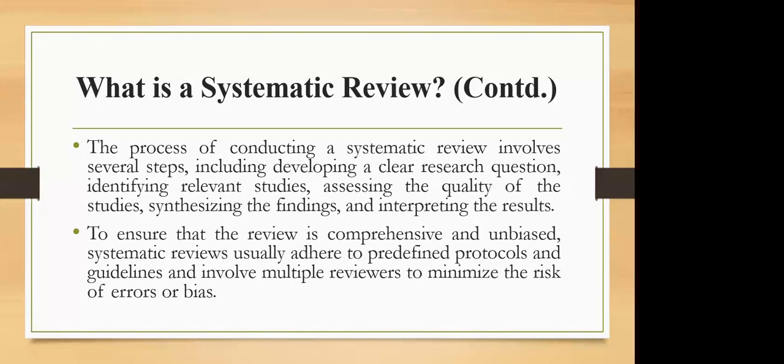You now need to state to the reviewer which particular checklist or template you will be adopting to report your appraisal. So in a nutshell, a systematic review is aimed to ensure that there is a comprehensive and unbiased reporting of evidence.